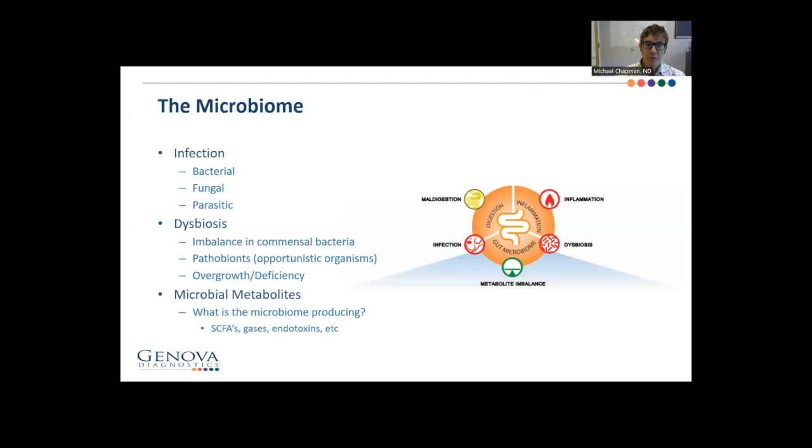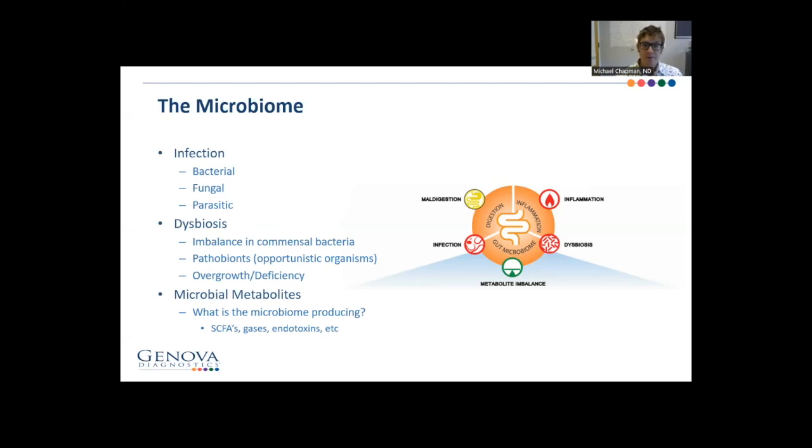When we're assessing the microbiome on the GI effects test, we break it out into 3 different areas: bacterial, fungal, and parasitic. That's under this area of infection, right? You can have different types of infection, or maybe it's not just an infection like a frank pathogen, a salmonella or something like that, but maybe it's a dysbiosis, which is more of an imbalance in the commensal bacteria.